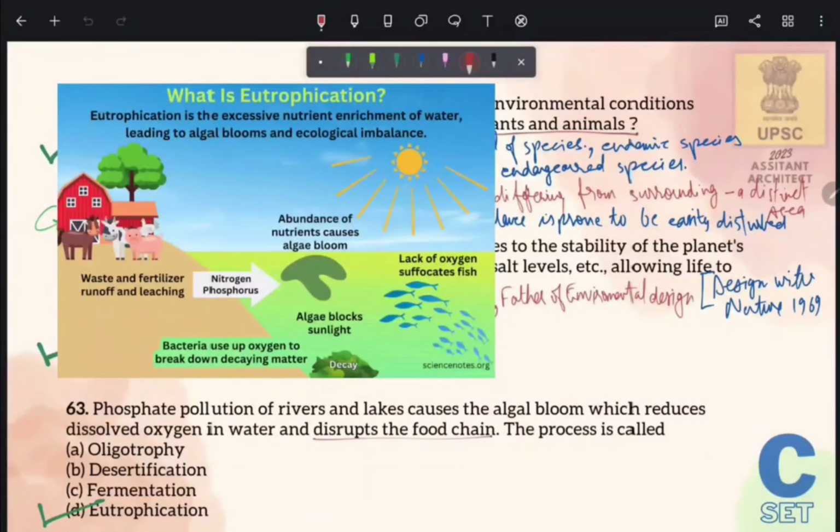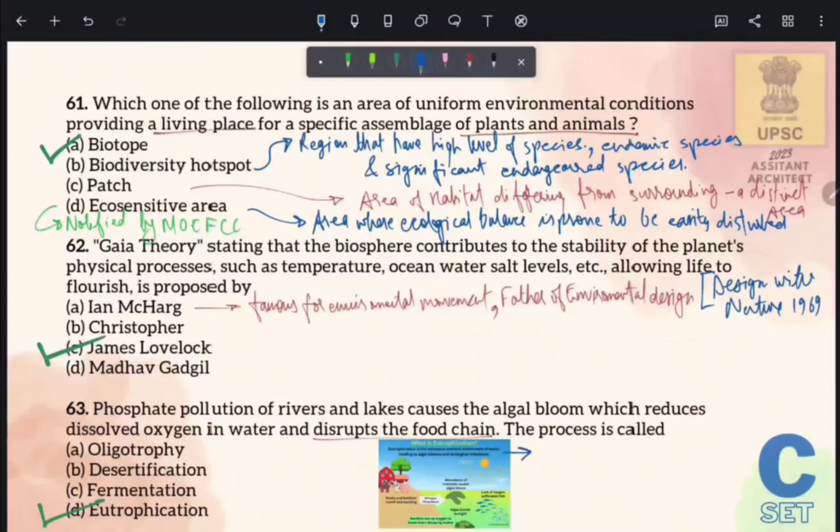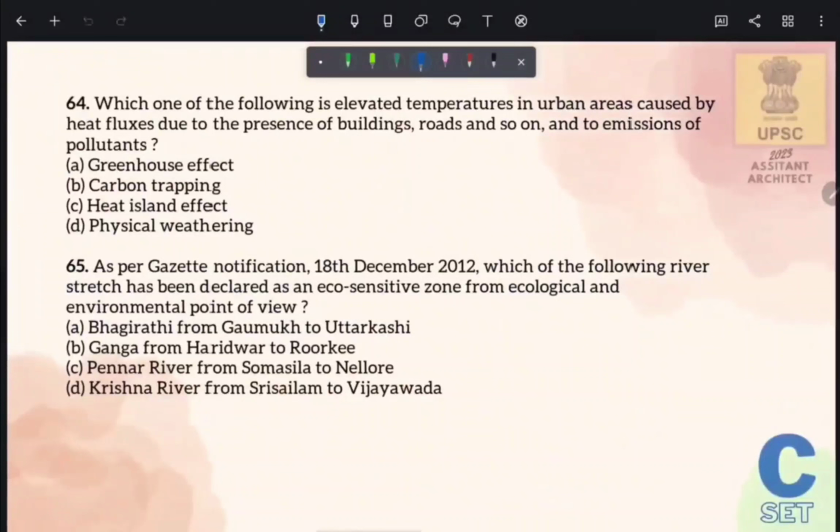So this is the image of the eutrophication process, and because of this, an excessive amount of nutrients get dissolved in water, especially nitrogen and phosphate, which ultimately leads to algal blooms, and therefore ecological imbalance happens. Let's move to the next question.